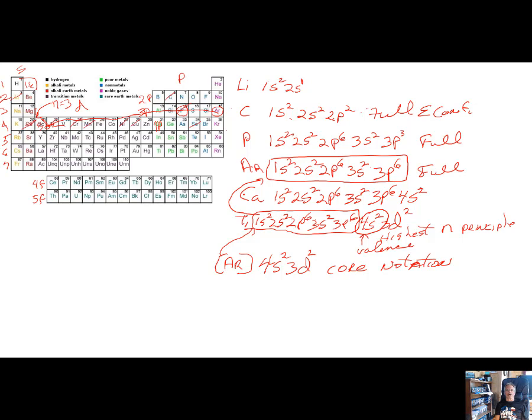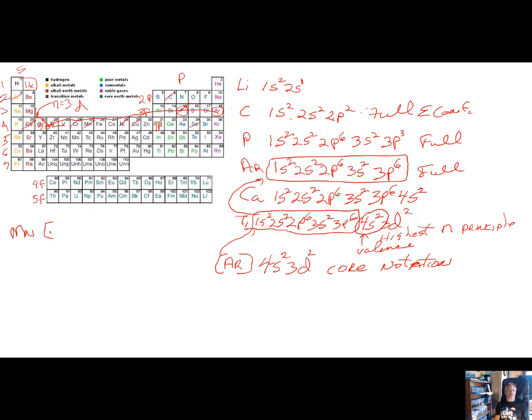Okay, so let's do a couple more. This time we're going to employ core notation just to get out of the necessity of having to write the full electron configuration. So let's do manganese, and we're going to use core notation for manganese. What is the noble gas core that we'll use? We'll use argon's core.